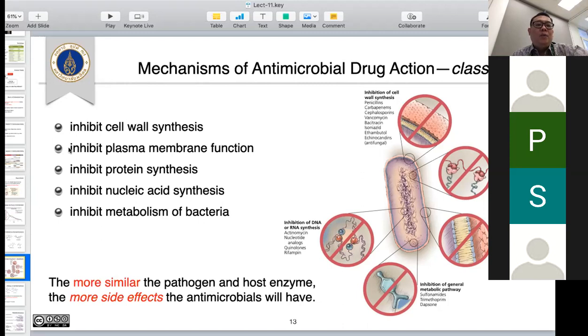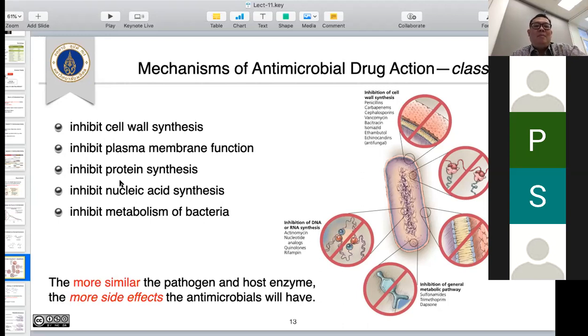The second group inhibits membrane function. Basically the phospholipid bilayer of bacteria and humans are quite similar, okay? But some proteins on the membrane are probably different between human and bacteria, right? So the drug points to that target, not just the membrane bilayer.